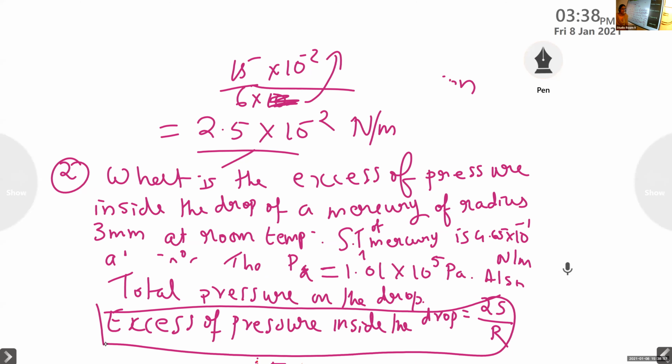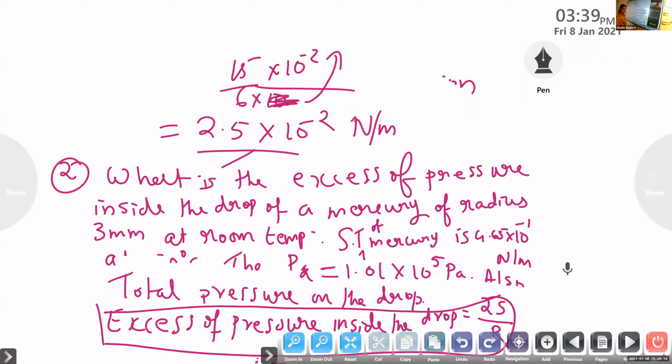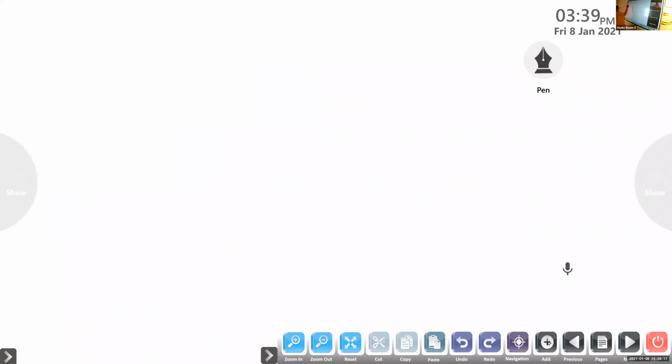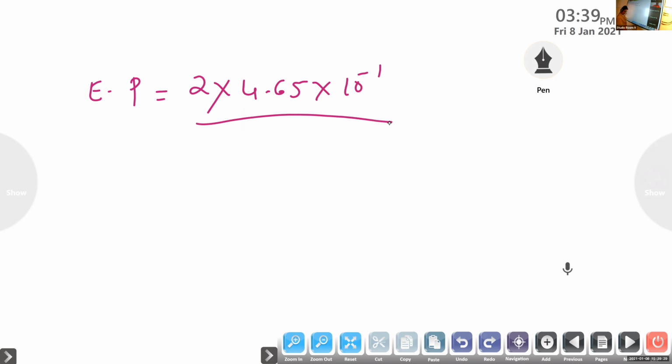Excess of pressure inside the drop in the absence of angle of contact is 2 into surface tension divided by radius. So it's a direct question. Surface tension is given to you, radius of the mercury is given to you, just substitute. Excess of pressure is equal to 2 into surface tension, 4.65 into 10 to the power of minus 1, divided by millimeter.